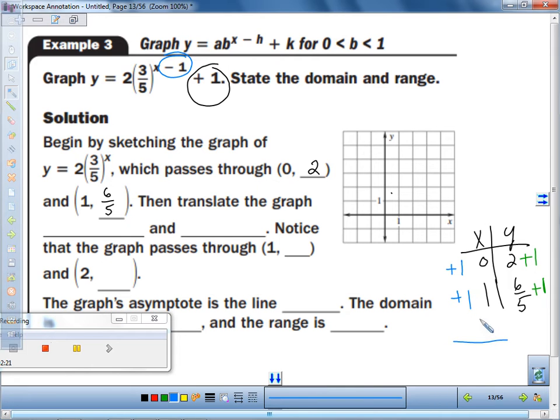The effect on our graph is that we end up with 1 and 2 for our x values, and then 3 and, adding a whole number, 5 over 5, we end up with 11/5. Now we're going to plot these adjusted points: 1 and 3, and 2 and 11/5.